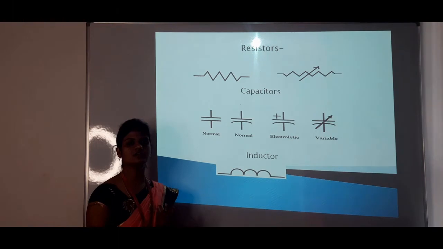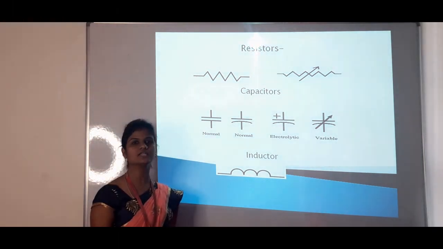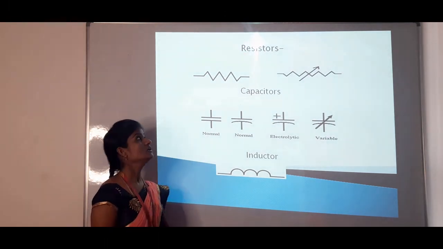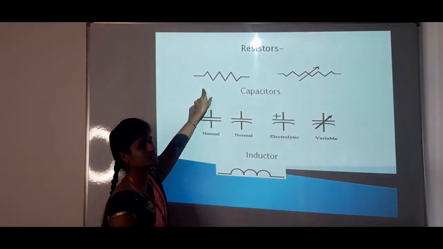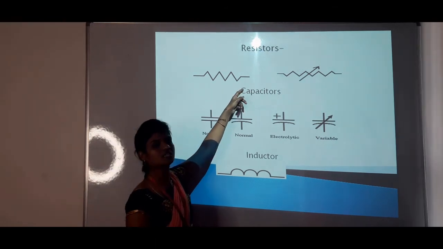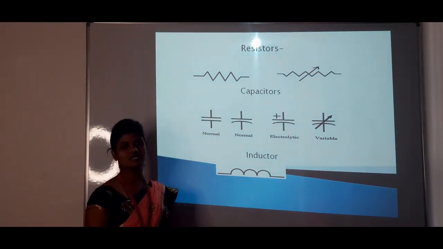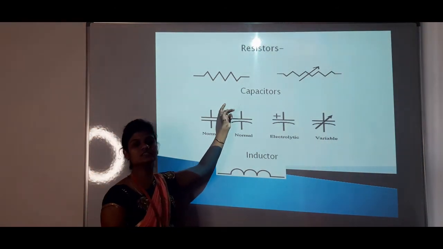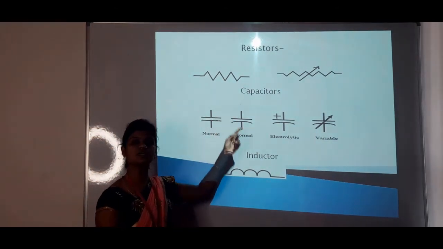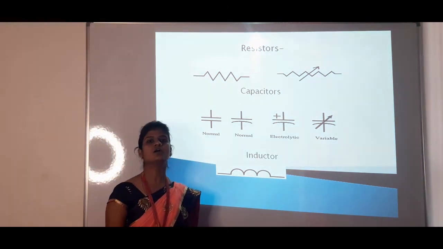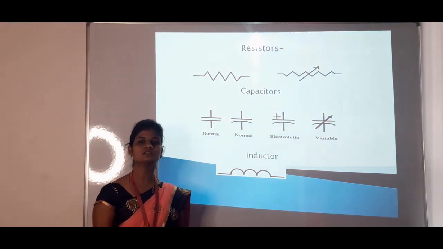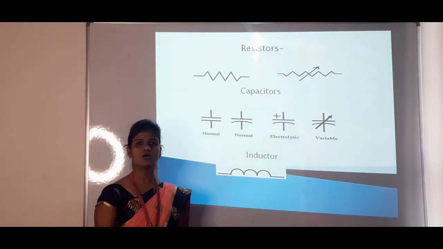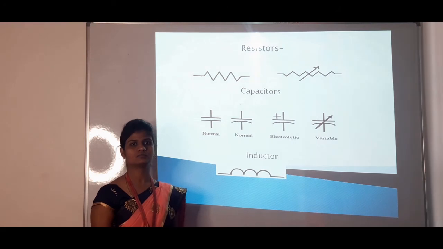Why am I saying here that it can be connected in both directions? Because we know that the current can flow in this direction or this direction, that means in the forward direction or the reverse direction. And we know that the resistance of the resistor is measured in ohms, kilo ohms or mega ohms.